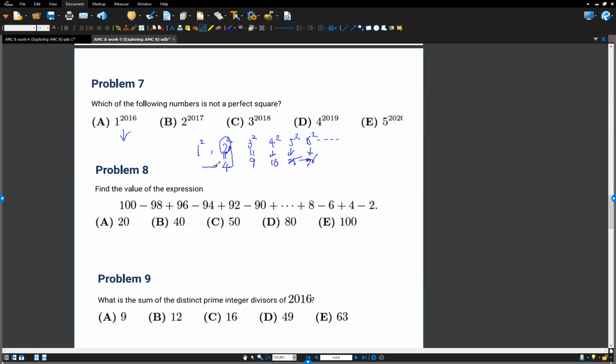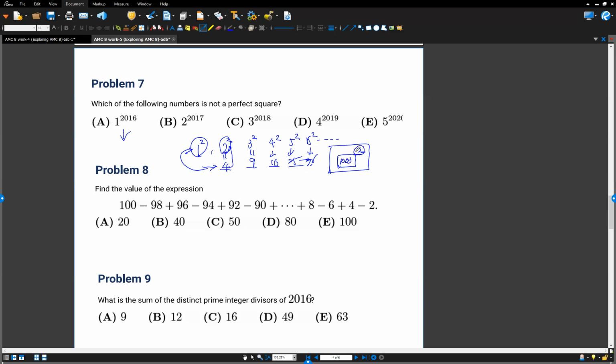These numbers are all perfect squares. If we have some number n squared in this form, this number is called a perfect square.